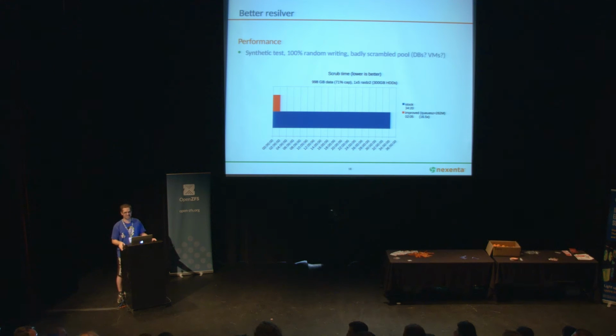Sure, George. The question is why the queuing is implemented in top level VDEVs and not in leaf VDEVs. The reason why it's in the top level VDEV is because that's where the ordering of data becomes important on disk.